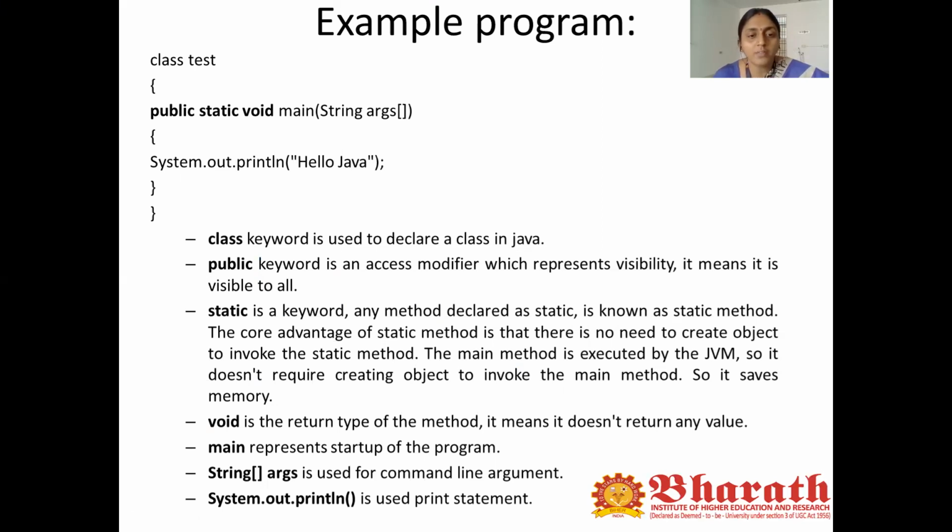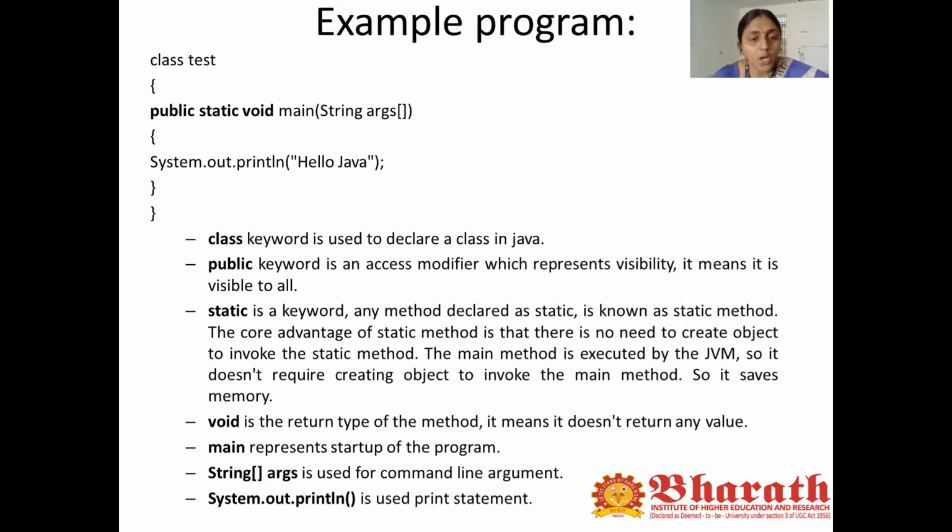The core advantage of a static method is that there is no need to create an object to invoke it. Once the program is executed, the main method is executed by the JVM. It doesn't require creating an object to invoke the main method, so the main method will be automatically called once we run the program.